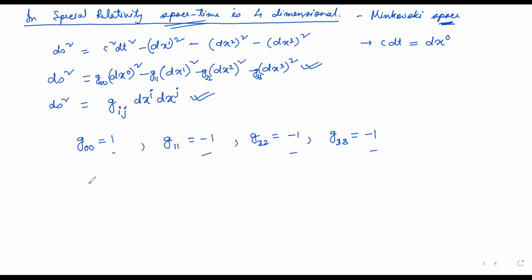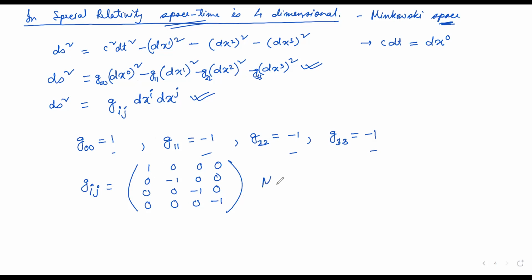So in matrix form, this is written as gij. This is a square matrix: 1, 0, 0, 0, 0, minus 1, 0, 0, 0, 0, minus 1, 0, 0, 0, 0, minus 1.